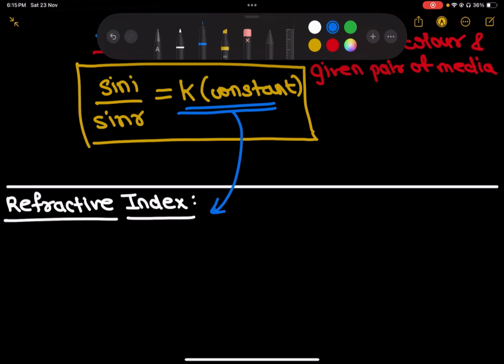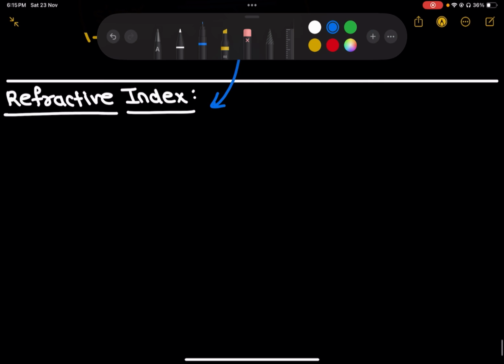Okay, so now let me write down the quick definition of this. What is refractive index?